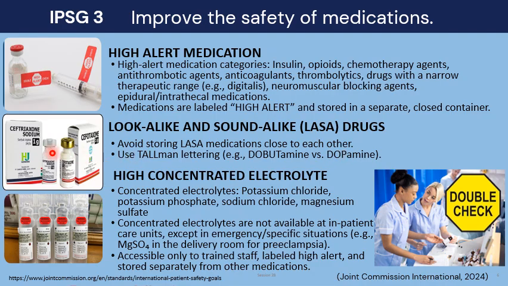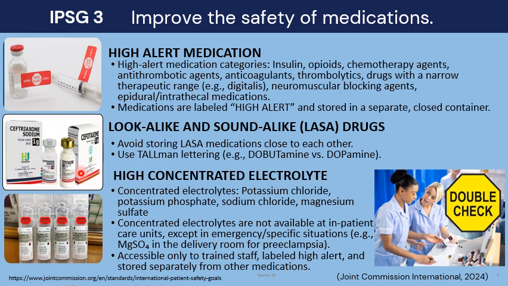And the second one is about look alike and sound alike. So there are medications that have similar names and are packaged the same. For this one is ceftriaxone, and you also have cefotaxime here. So they are actually two different medications, but they look almost exactly the same.